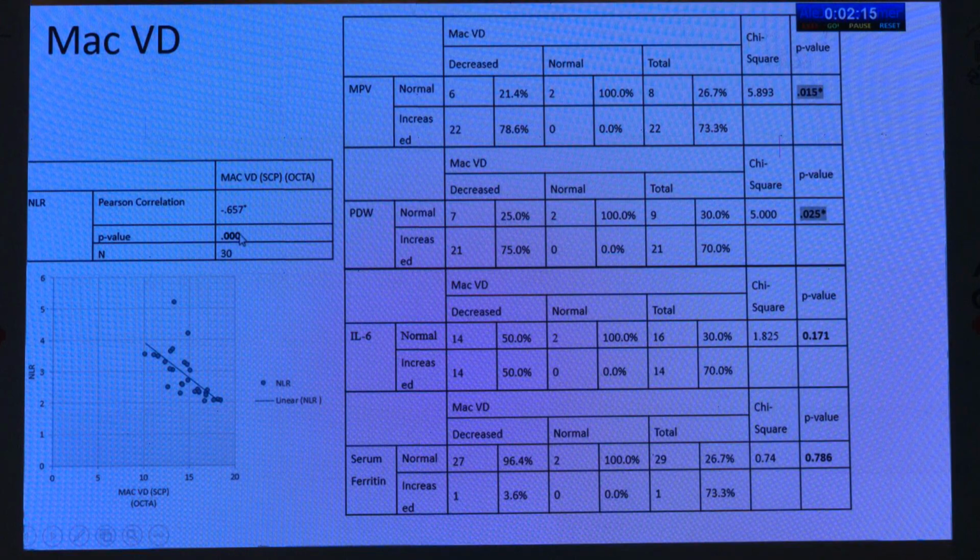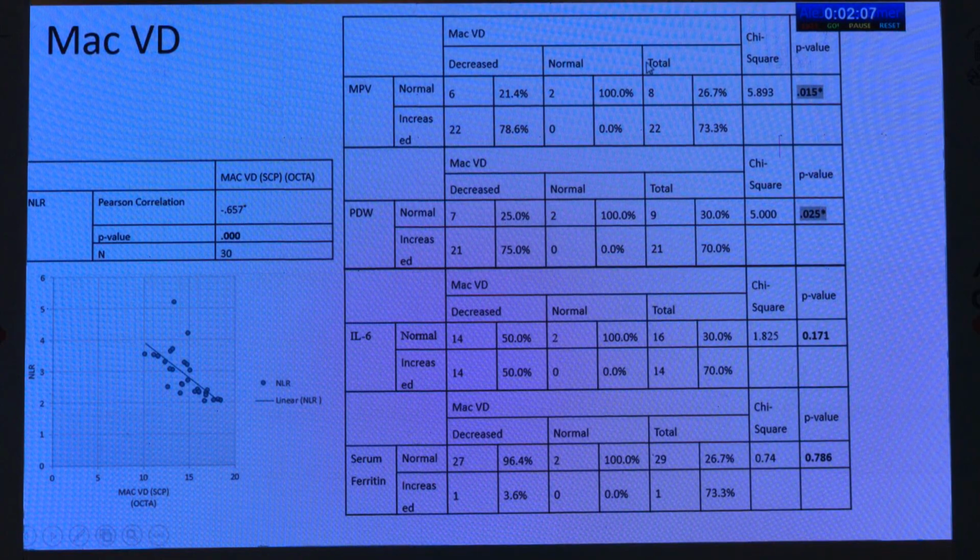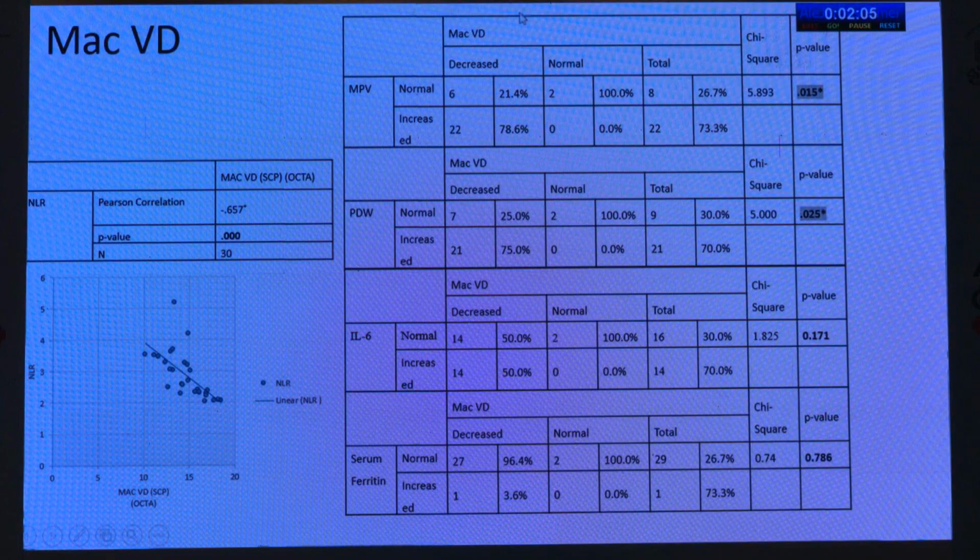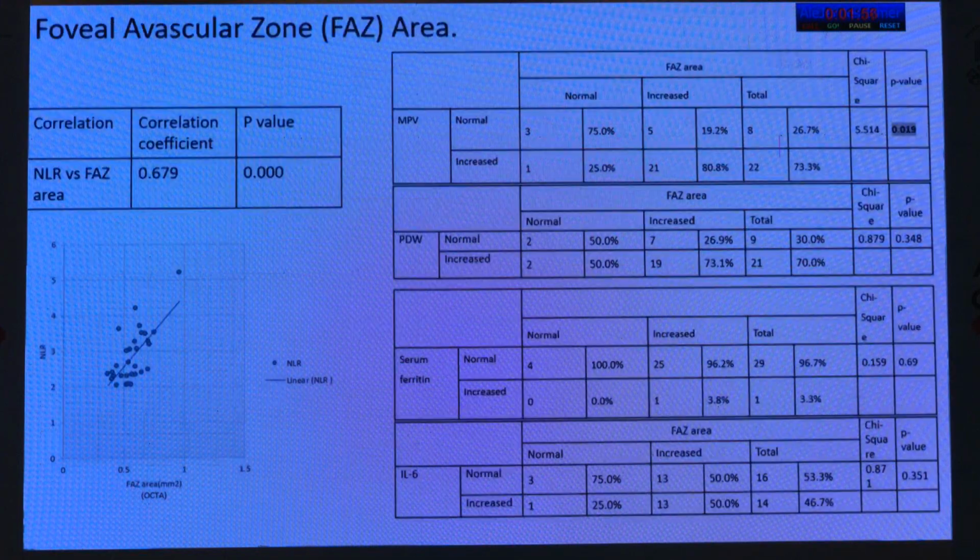In the quantitative analysis, NLR showed a significant negative correlation with macular VD. On qualitative analysis, most of the patients who had a decreased macular VD had an increased mean platelet volume, and this relation was significant. Similarly with platelet distribution width.